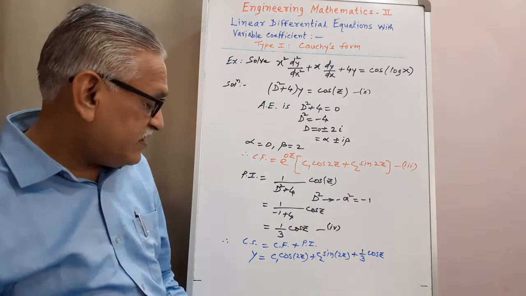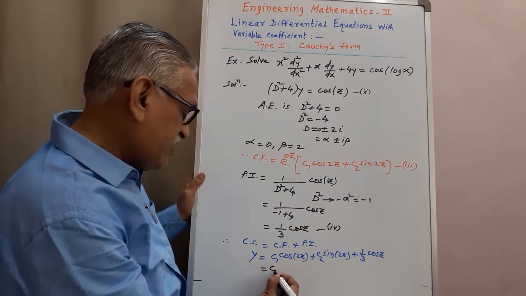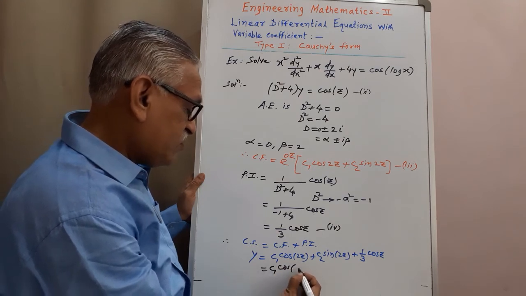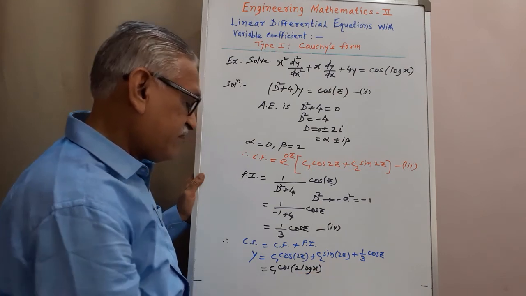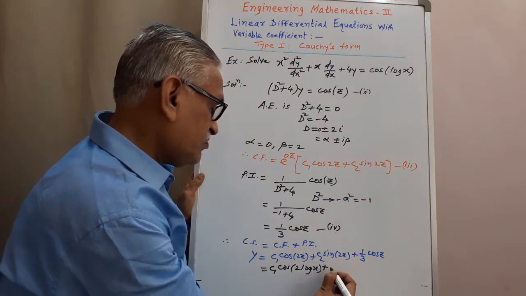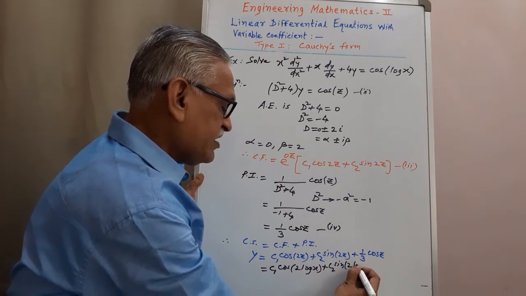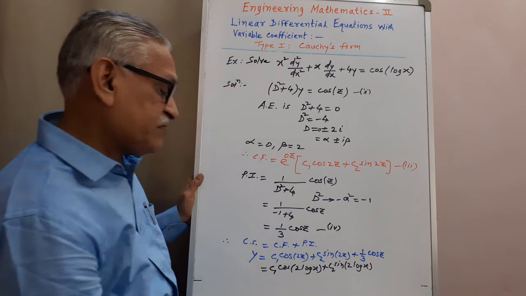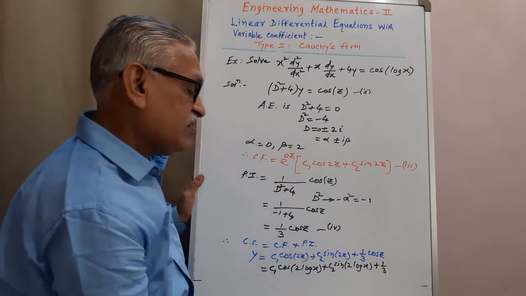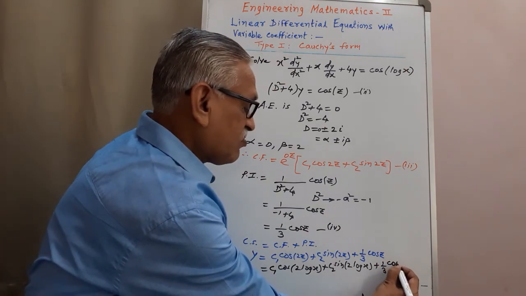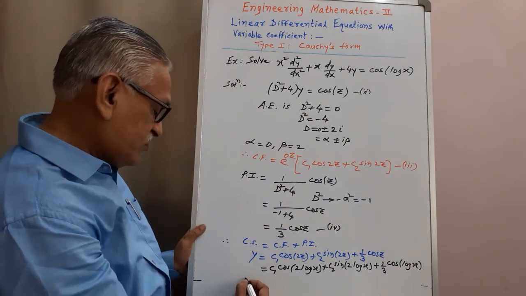Once again, converting in terms of x, we get y is equal to C1 cos of 2 times z, where z is log x, plus C2 sine of 2z, again z is log x, therefore 2 log x, plus 1 by 3 cos of z, that is cos of log x, as the required solution.